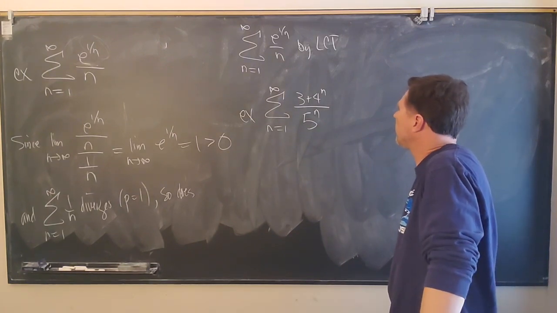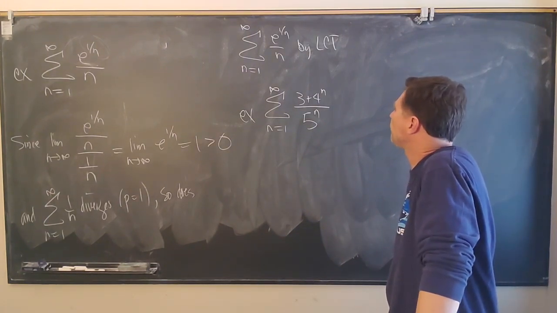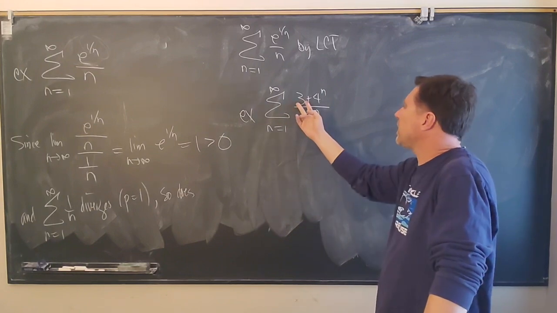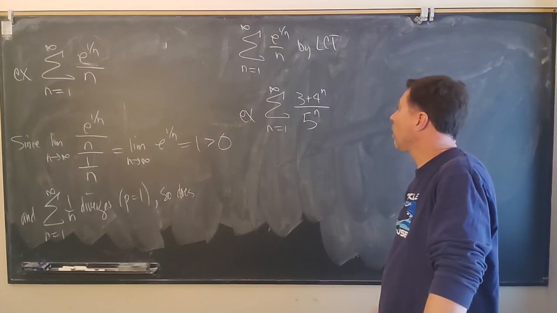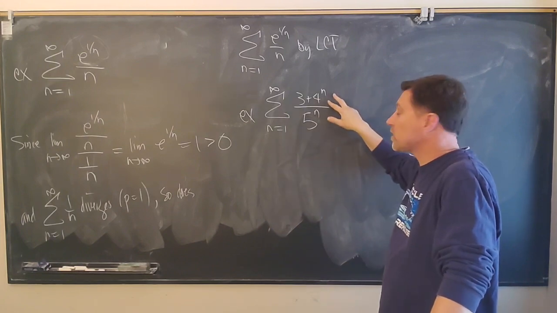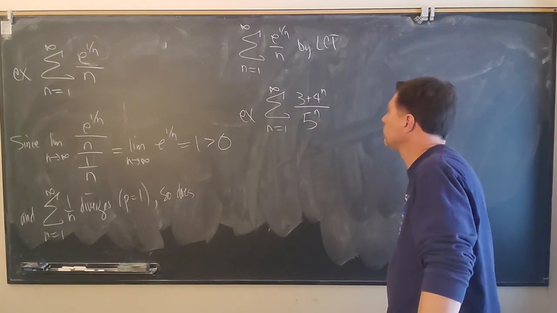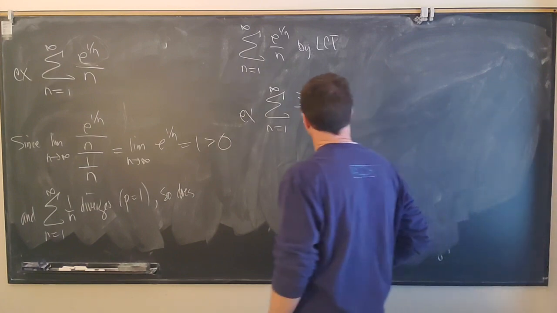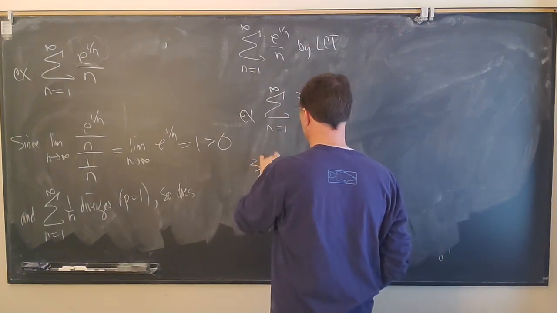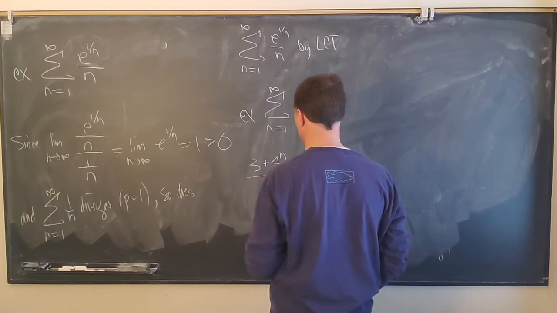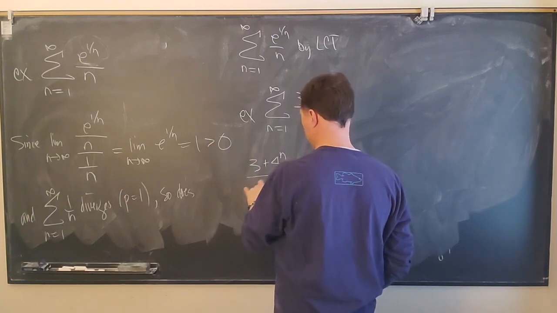So what do you think here? Well, okay, this 3 in the numerator really isn't going to have that much effect, right? Overall, the dominating terms here are a 4 to the n and a 5 to the n. So in this case, I can get an inequality that works like this. 3 plus 4 to the n over 5 to the n.